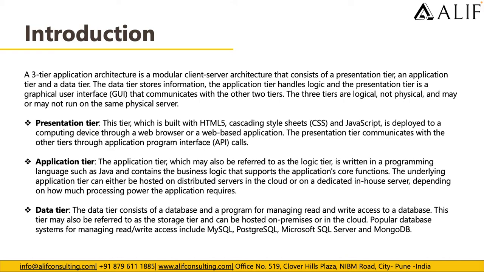Then you have your application layer, which will have code like Java and contain the business logic that supports the application's core functionality. And then you have a data tier, which eventually stores your information about the application. Your data tier can have MS SQL, Postgres, MySQL, MongoDB, and they can also have Cosmos DB and stuff like that.